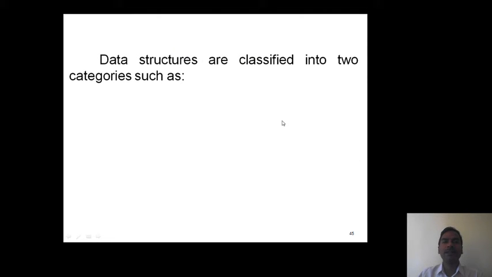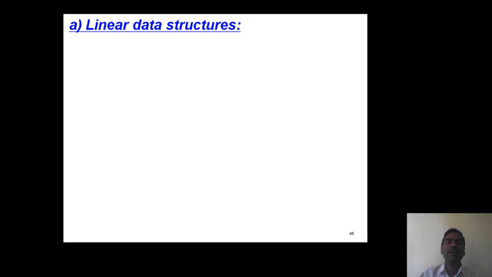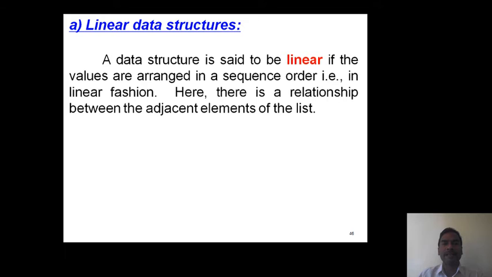In general, data structures are classified into two types, linear data structures and non-linear data structures. First one, linear data structures. In linear data structures, data is organized in a sequence.